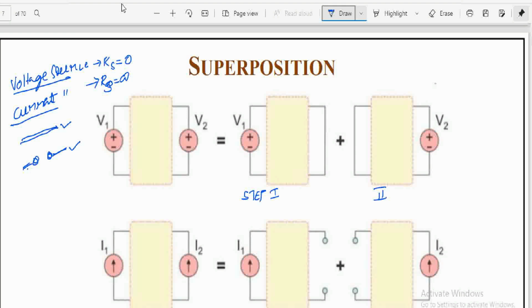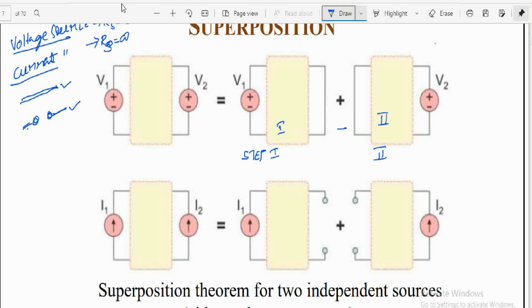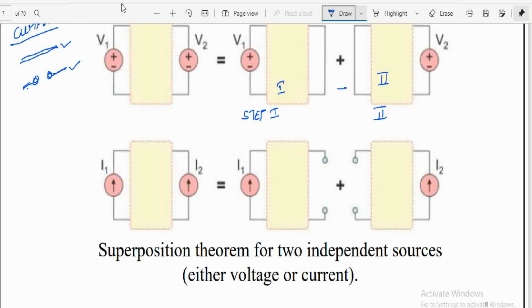In step 2, we consider V2 and replace V1 with a short line. The response obtained in step 1 and the response obtained in step 2 are added to get the response across an element with respect to the two voltage sources.